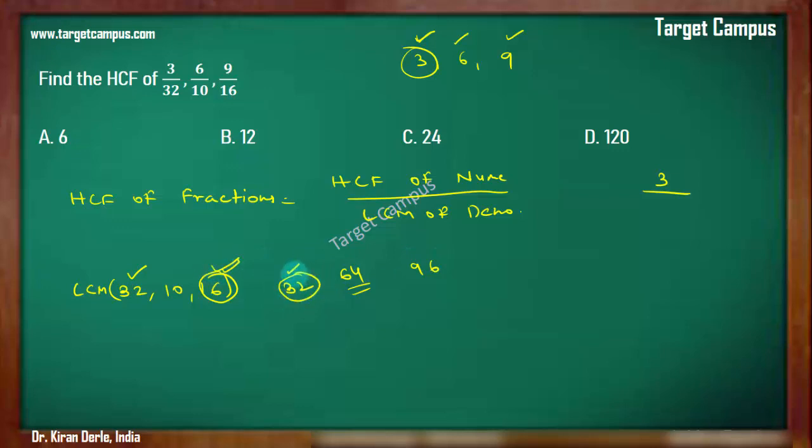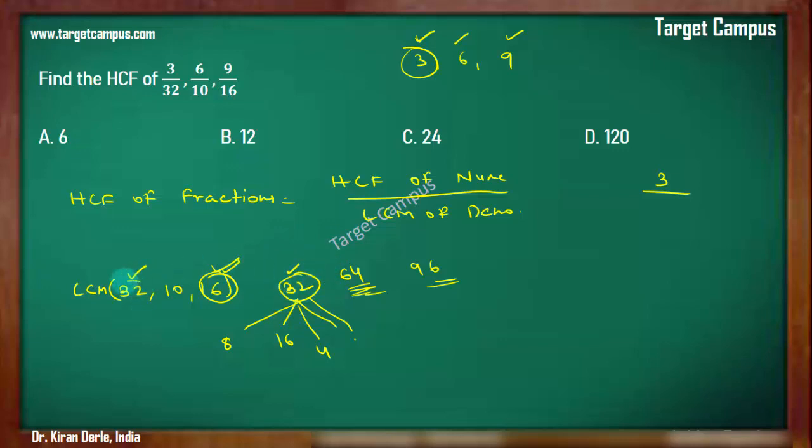All multiples of 32 are multiples of 16 because 16 is one of the factors of 32. One more learning here: all the factors of 32 will divide all the multiples of 32. I hope you get this point clear, right?